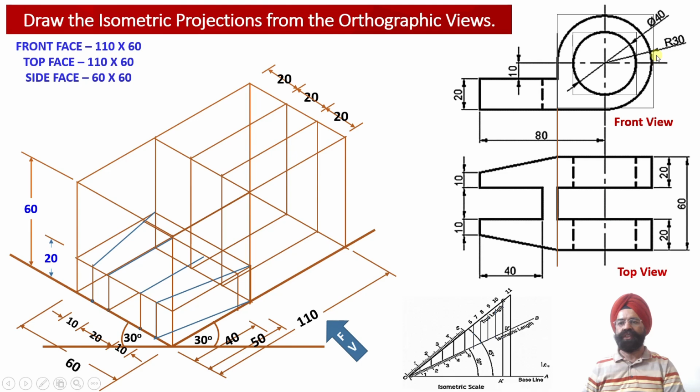Since the outer circle has a diameter equal to 60 millimeter, the square should have a size equal to 60 millimeter. So this square has a size equal to 60 millimeter. Now using the 4 center method, we are required to obtain the circular projection, which will appear like an ellipse in the isometric projection.